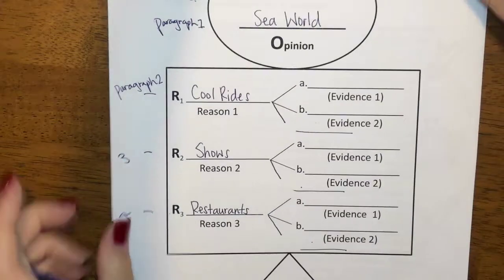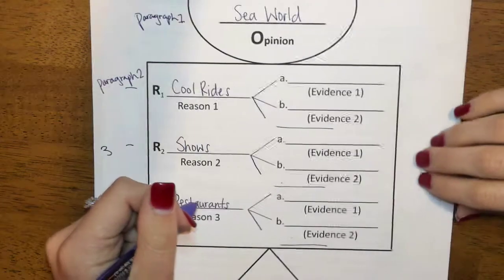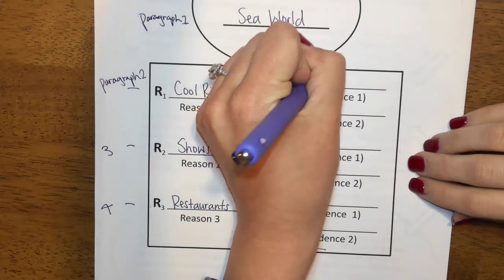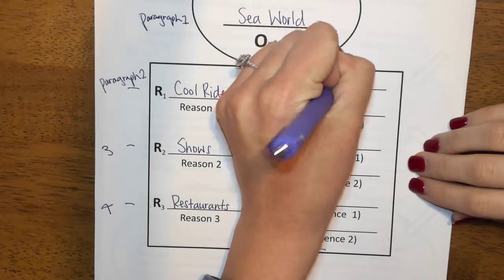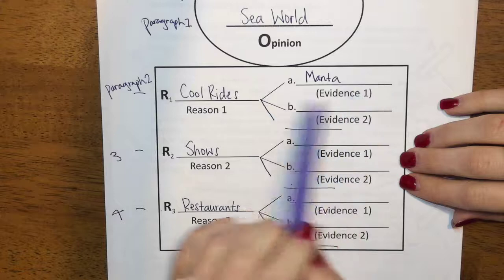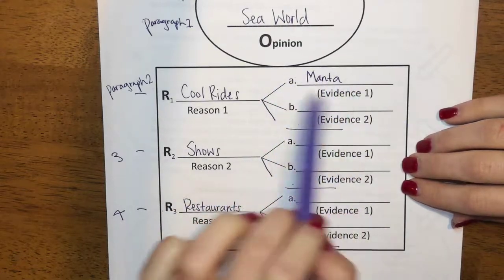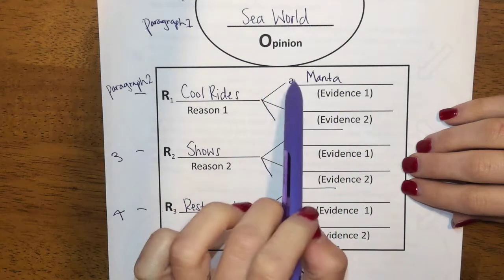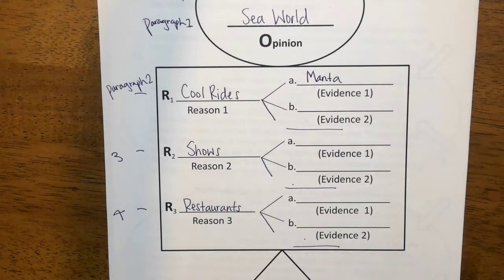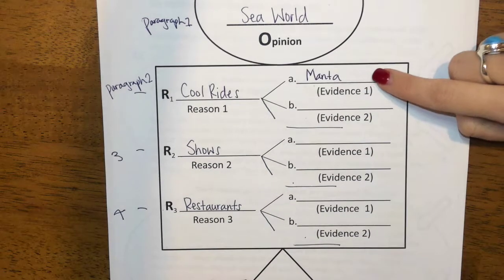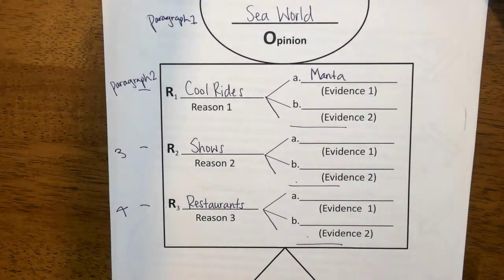And I'm not going to write that whole thing on my graphic organizer. I'm just going to put Manta because that's the name of the ride. But whenever I go back and write my piece, I'm going to want to explain, because no one is going to know what I'm talking about if I just say Manta. But that's going to remind me when I go back into my graphic organizer what I'm meaning to say.